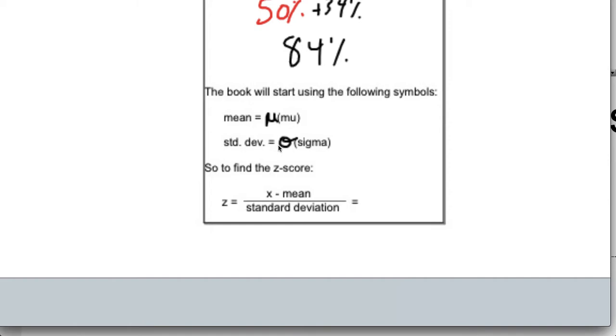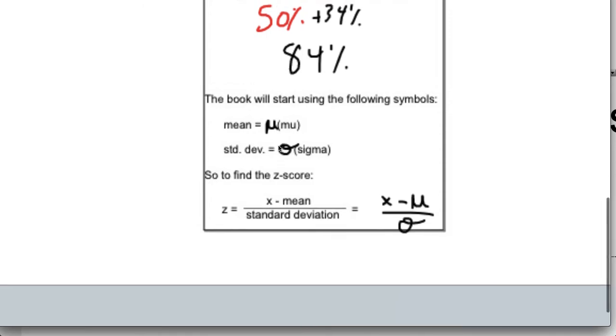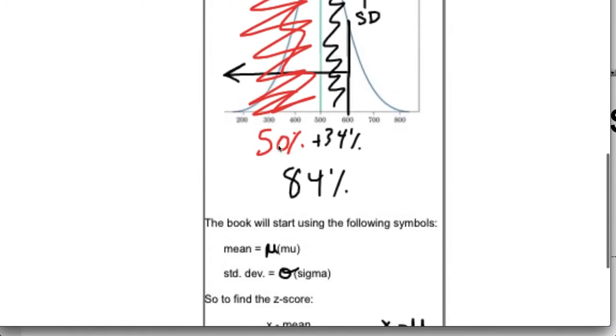I don't recall if you'll actually see that now that we don't use the book, but especially if you work in a higher level math class at some point, you will definitely see those two symbols used for mean and standard deviation. Your formula, if I put it in terms of math symbols, will look just as simple as that. That was just an FYI from the book. I don't know if we'll actually see it, but it's not bad information to know.